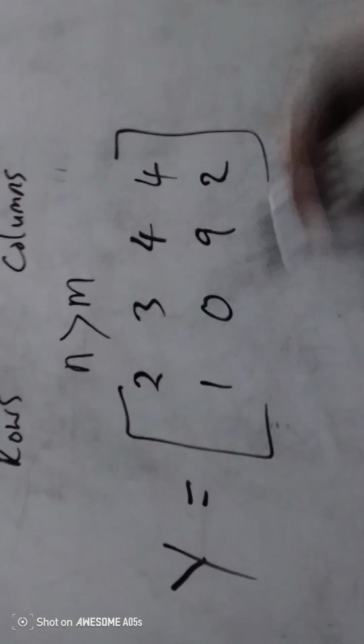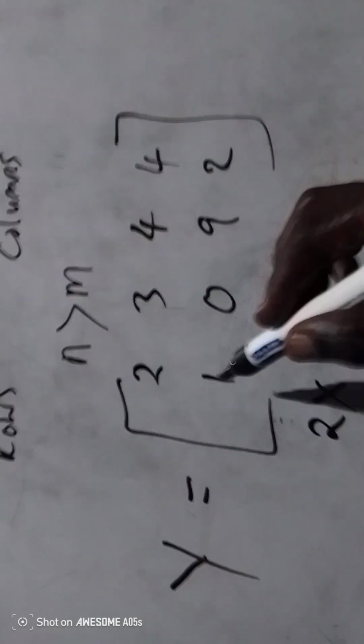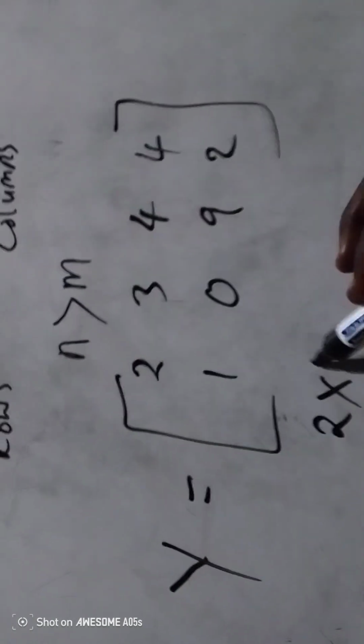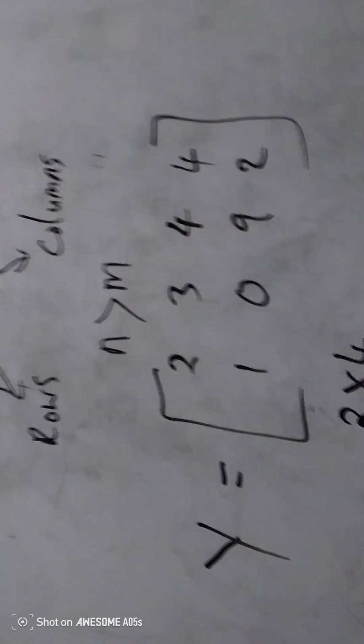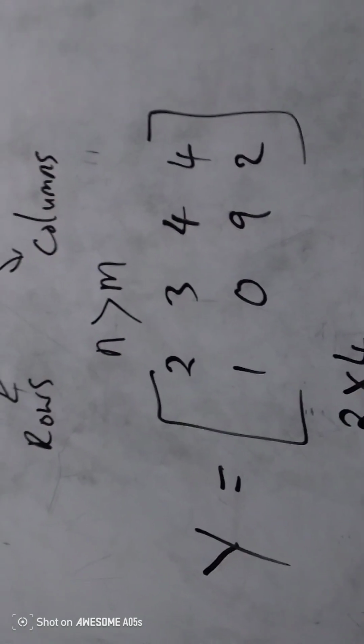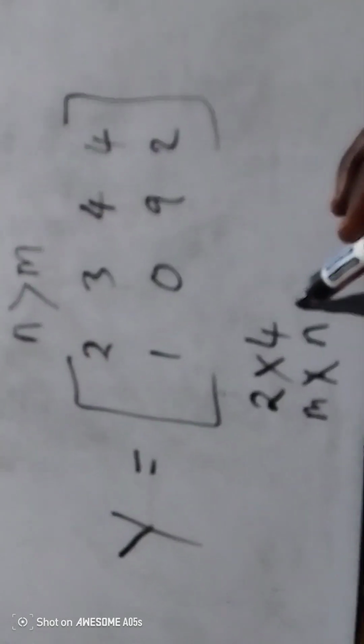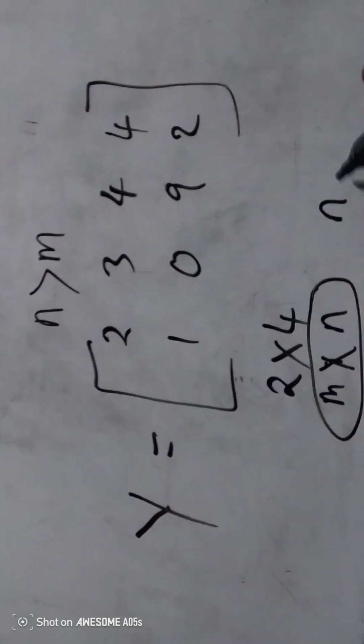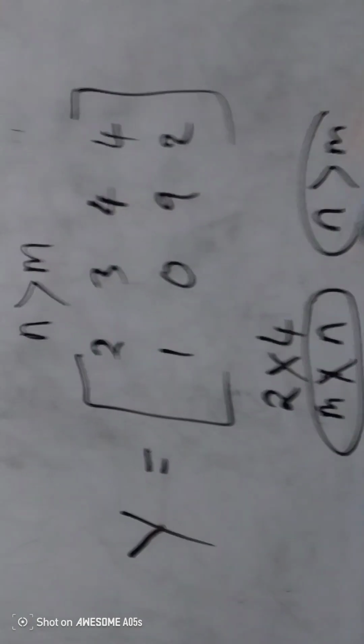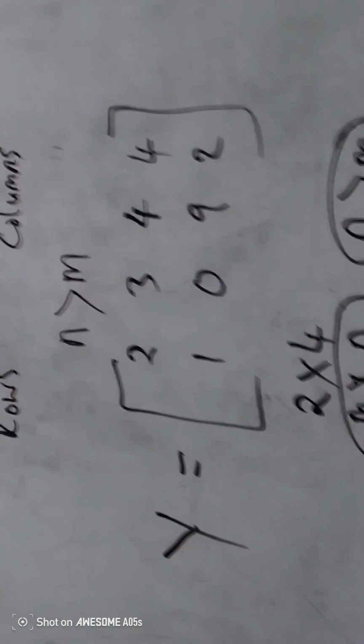Because if you look at the order, it is 2 by 4, where this is our M and this is our N. So you can see that N is greater than M. Hence, this matrix is going to be horizontal.